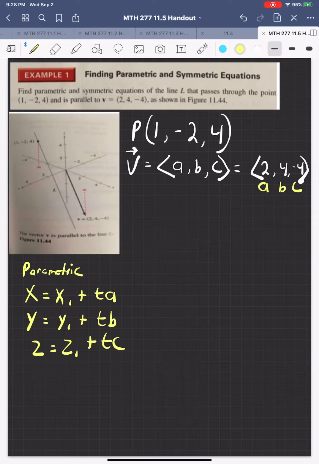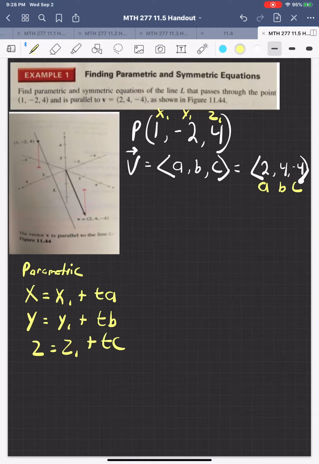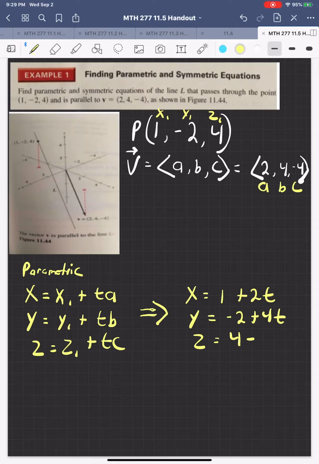And what else do you know? You know x sub 1, y sub 1, z sub 1. At this stage, we just plug in, and you're done. So I'll go ahead and do that for you. The parametric description is x equals 1 plus 2t, y is equal to -2 plus 4t, z is equal to 4 minus 4t.